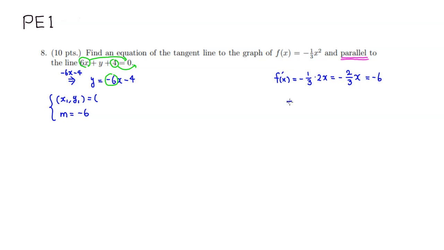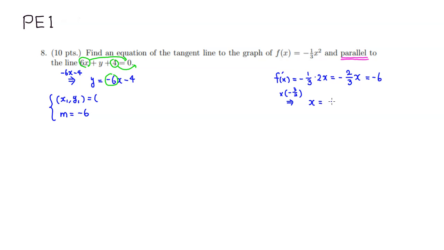To get rid of the negative 2/3, I'm going to multiply by its reciprocal, which is negative 3/2. That way the 3 cancels out, the 2 cancels out, and the negative sign cancels out, so you just have x.